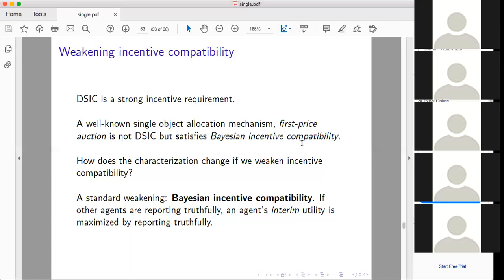So you can ask what the class of all Bayesian incentive compatible mechanisms is. Are there other kinds of mechanisms that we are missing out that we should be looking at, or is everything like the first price auction? How are they different from dominant strategy incentive compatible mechanisms? That's basically the reason we look at Bayesian incentive compatibility.